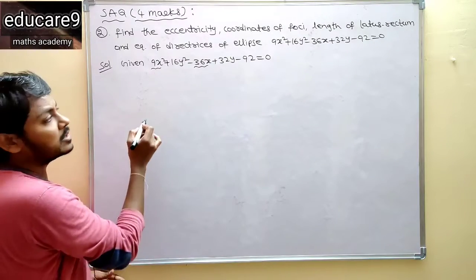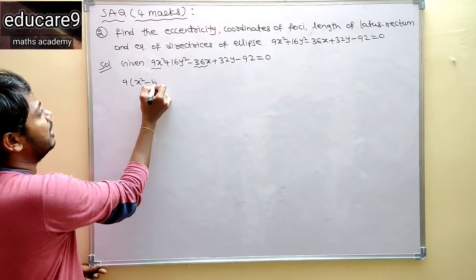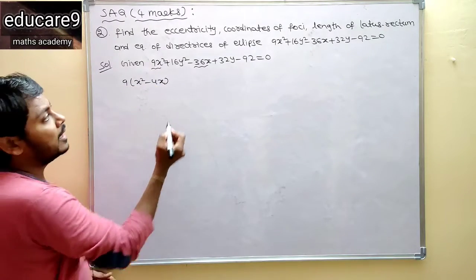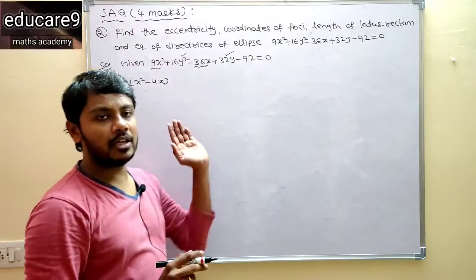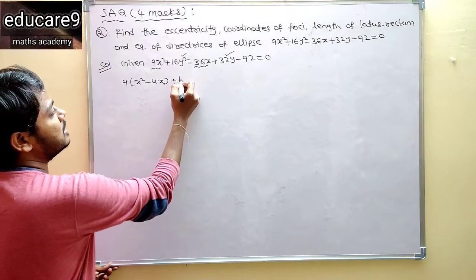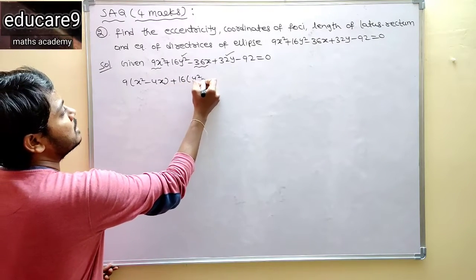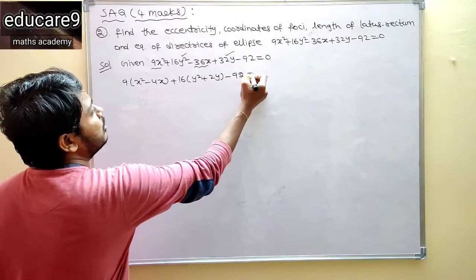In both the terms 9 is common. You will get x square minus 4x. And 16y square plus 32y. In both the terms 16 is common. So plus 16 into y square plus 2y minus 92 equals to 0.